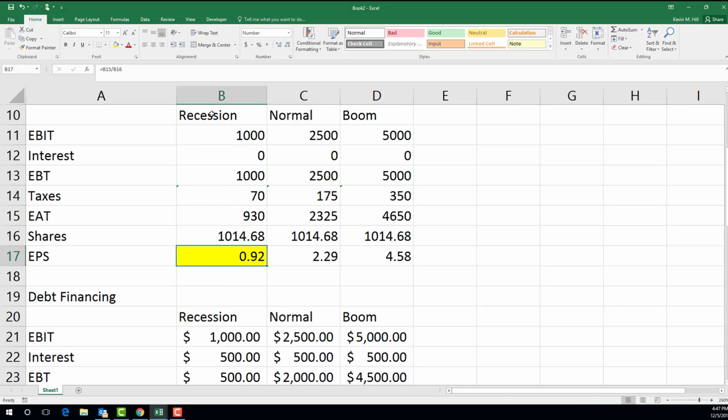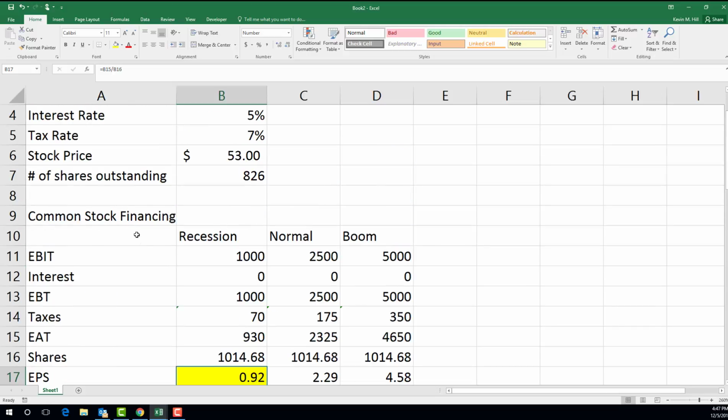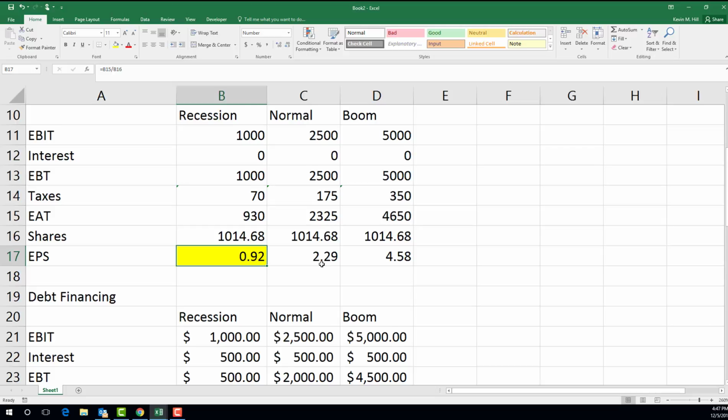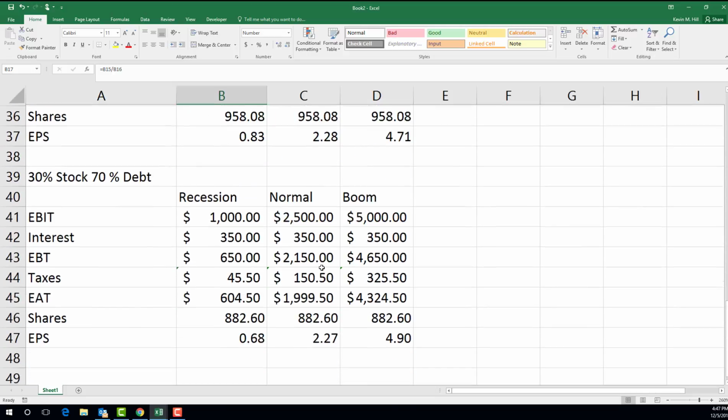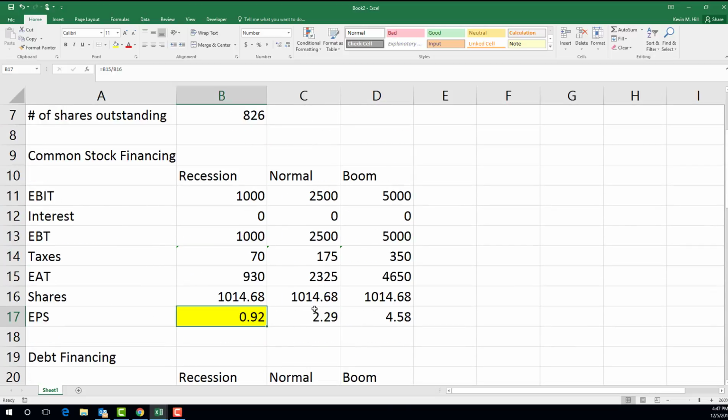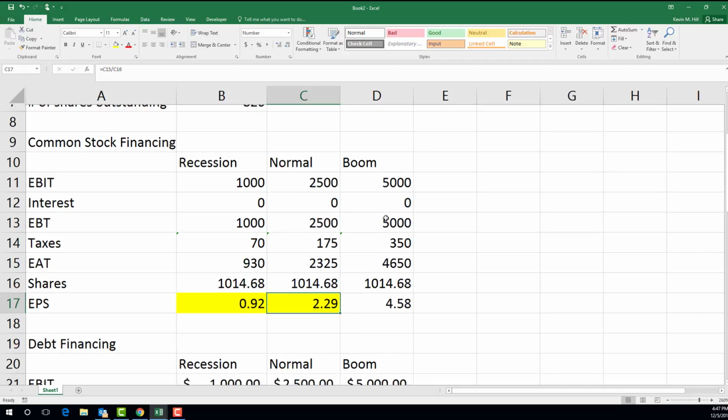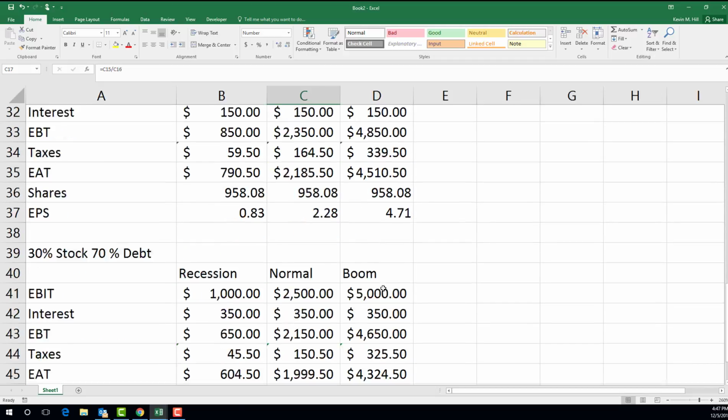So in a recession situation, we want to be in common stock financing. For normal, 229, 225, 228, 227, we want to be up here at 229. Once again, common stock looks the best. And for a boom situation, 458, 507, 471, 490.